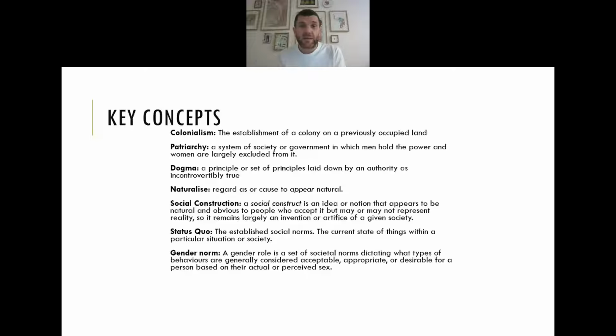That is the established social norms, the current state of things within a particular situation or society. There are particular social norms evident within both Indigenous culture and settler culture, and it is the overthrowing of that status quo that Gutjuk is attempting to cause.